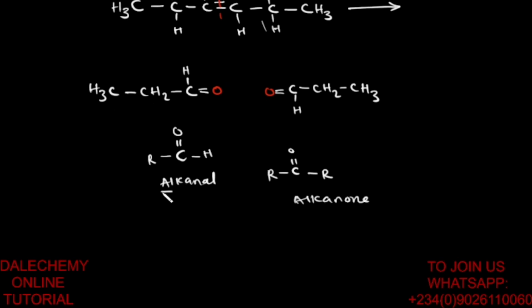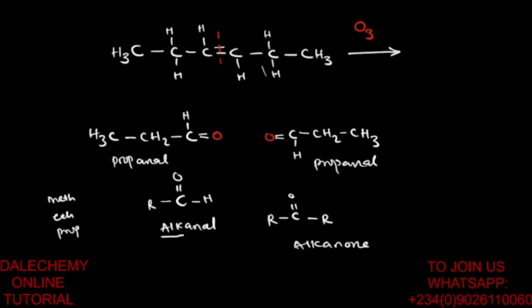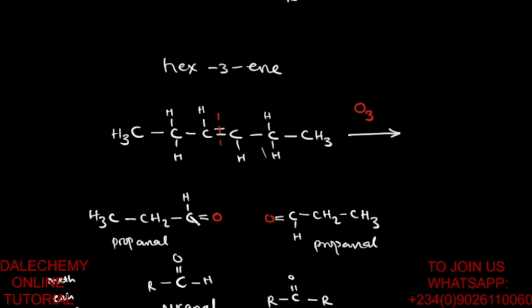That will represent this ALK. They are the Greek prefixes. If it is 1 carbon, that's going to be meth. If it is 2, that's going to be eth. 3, that will be prop, and so on. So here we're having 1, 2, 3 carbons, and it is having hydrogen and an alkyl group. So that's going to be prop, anal. So that will be propanal. And here too, it should be propanal. So the product of ozonolysis of hex-3-ene is 2 molecules of propanal.